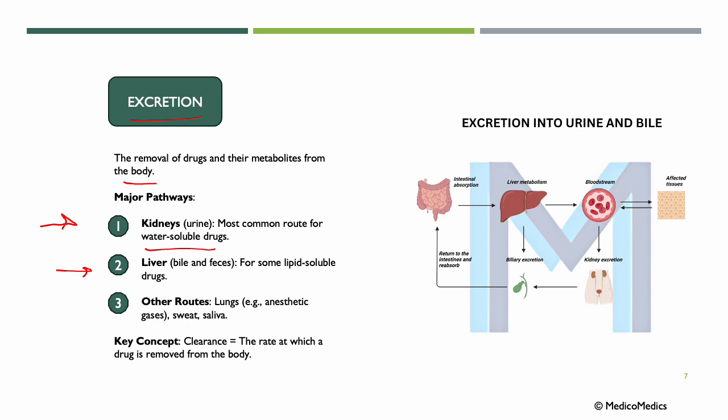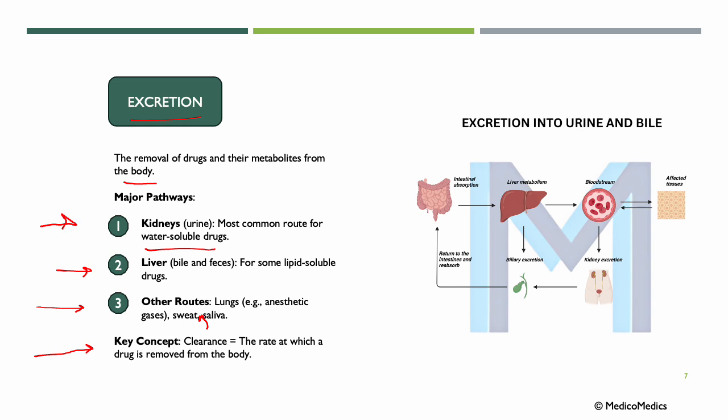Then we have the liver. So the liver also plays a role by excreting some lipid-soluble drugs into bile, which are then eliminated in feces. Other less common pathways include the lungs, for example, for volatile drugs like anesthetic gases, as well as sweat and saliva. Now, a key concept in relation to excretion is clearance.